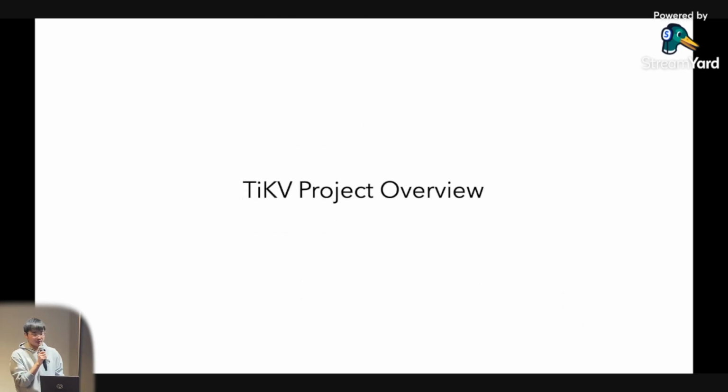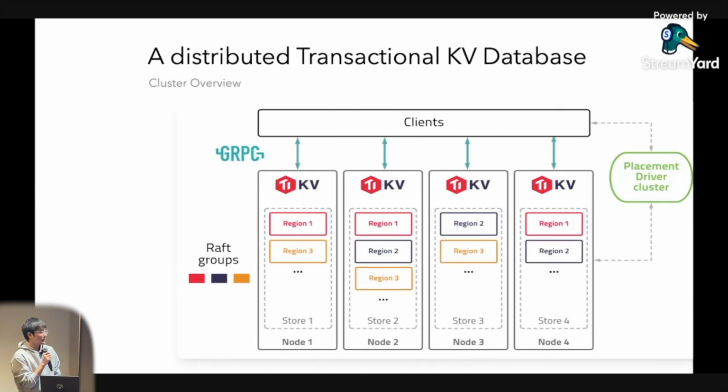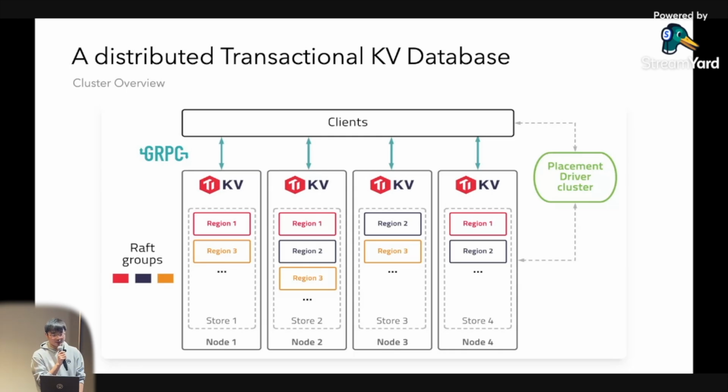So let's start with the TiKV project overview. Here is a typical TiKV cluster architecture. This is a distributed transactional key-value database. In each cluster, we have multiple TiKV instances, and we use the Raft algorithm to replicate the data across the whole cluster.